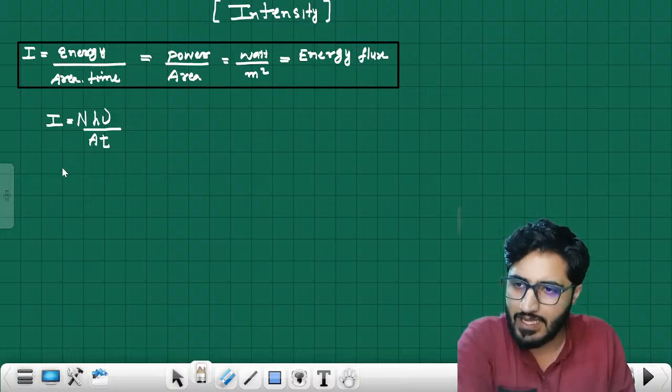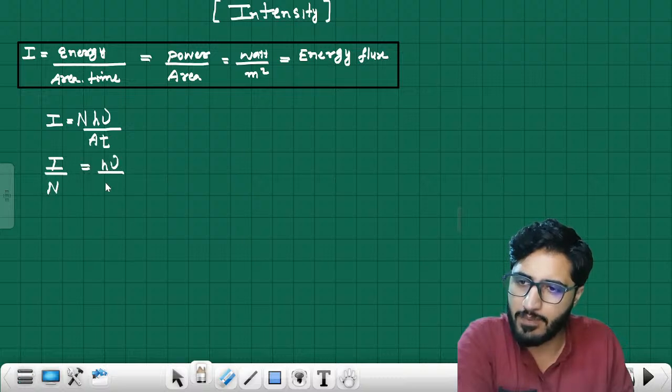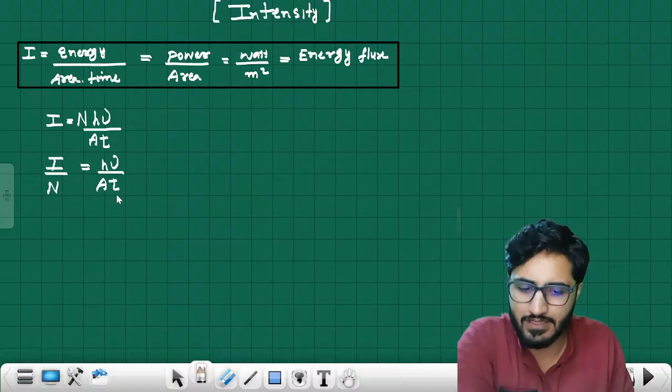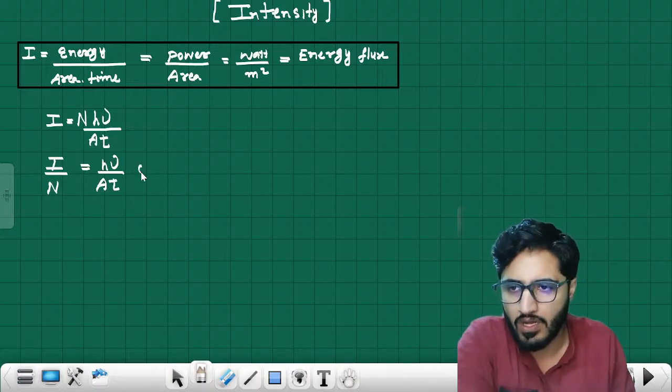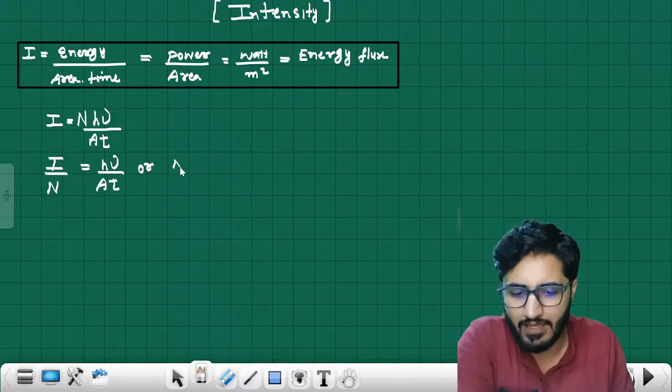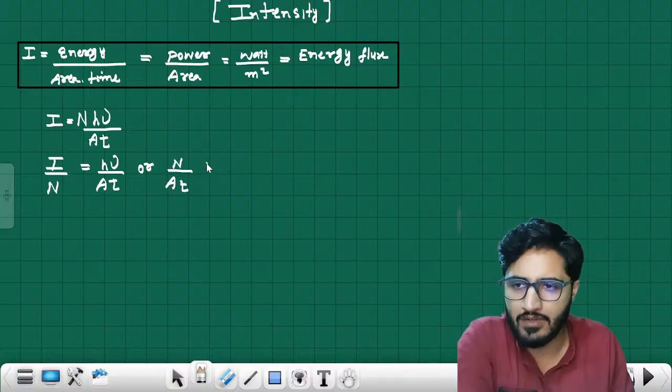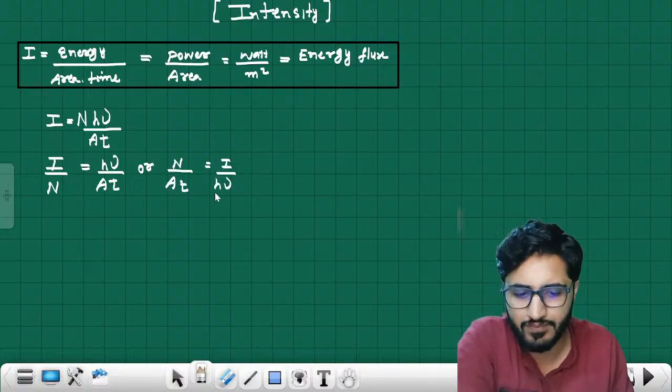So I can write I equals n h nu divided by A t. I can write it like this also, n divided by A t equals I divided by h nu.